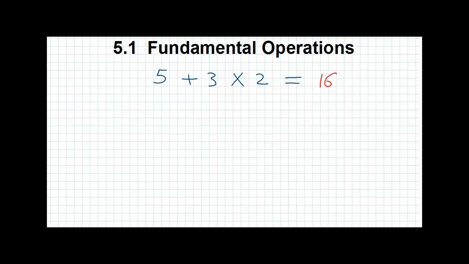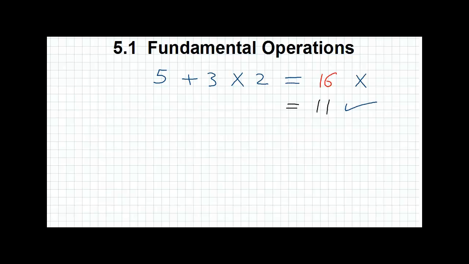Others may say that 2 times 3 is 6, and 6 plus 5 is equal to 11. So, which answer is the correct one? Well, 11 is the correct one, and this is wrong.